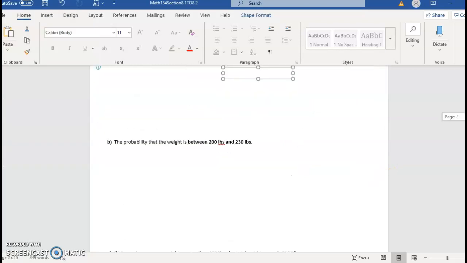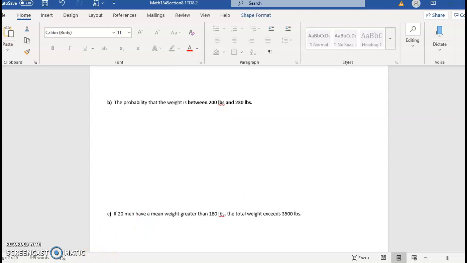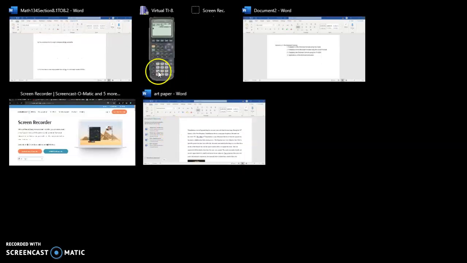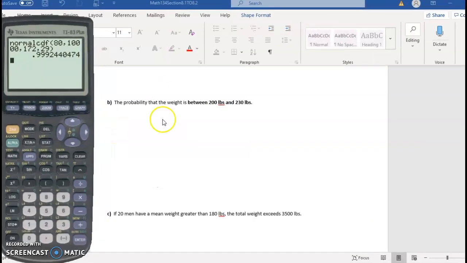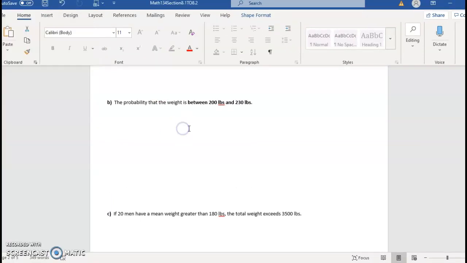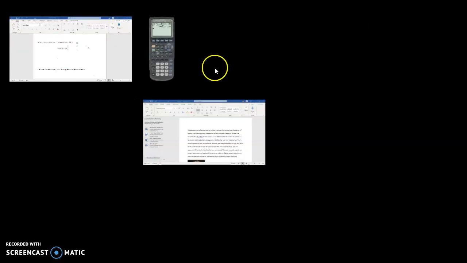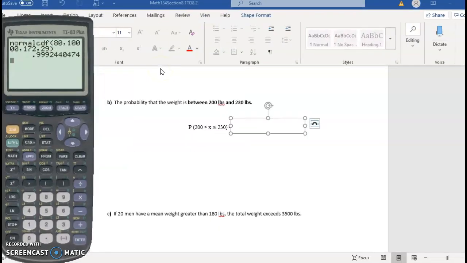Okay, as we go to part B, they haven't mentioned anything regarding more than a single subject. So we're still talking about a single individual, and the probability of the event that we're evaluating is from 200 to 230 pounds. Let me run it again. Let me clear it.